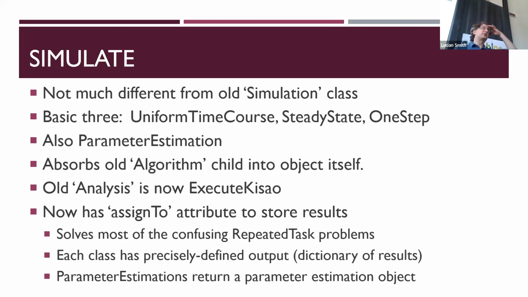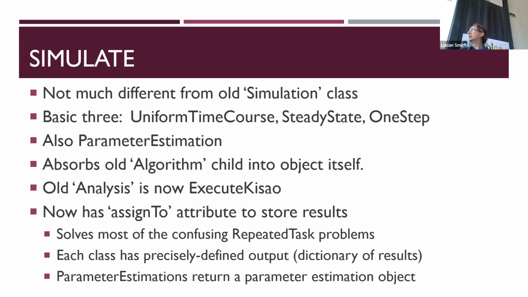There was an algorithm child of all these things that I absorbed into the simulate object. Basically, the algorithm had a Casal term, and I just moved the Casal term to an attribute. It still has algorithm parameter children. The generic analysis class in current SED-ML Level 1 Version 4 is what got changed into the execute Casal construct here.